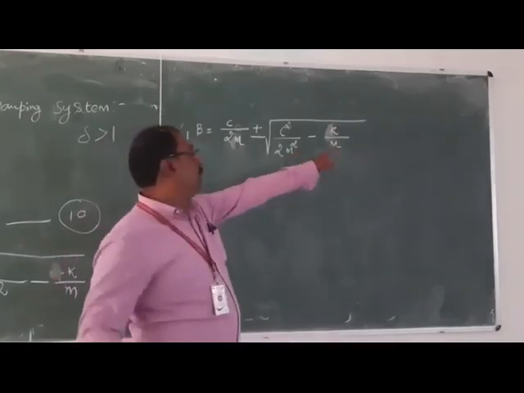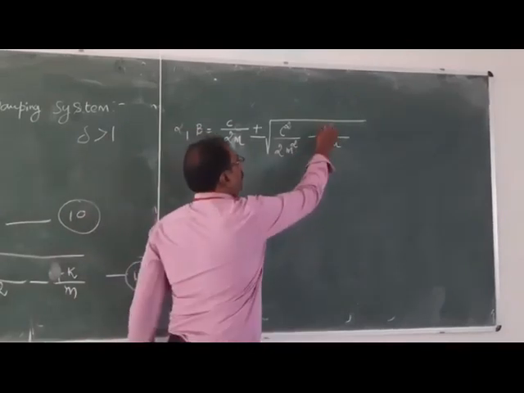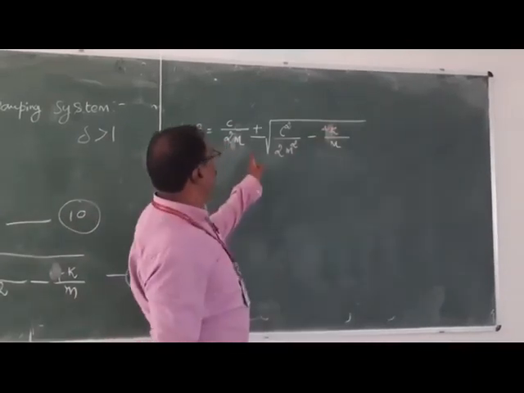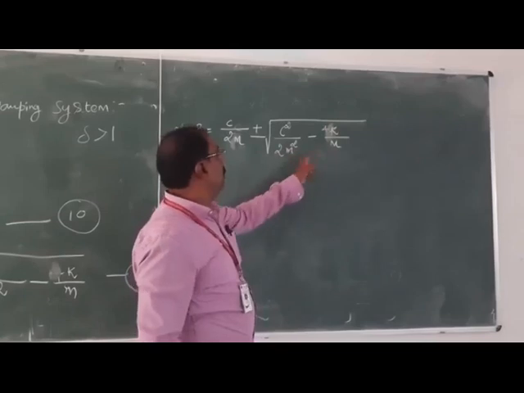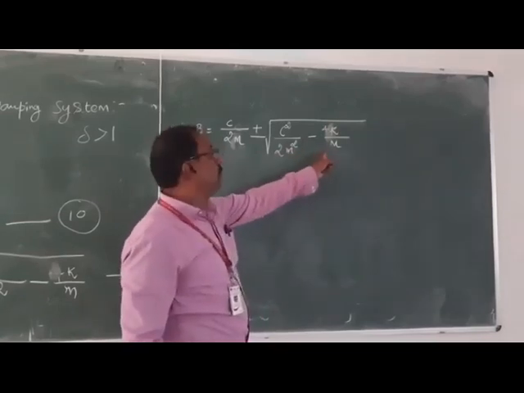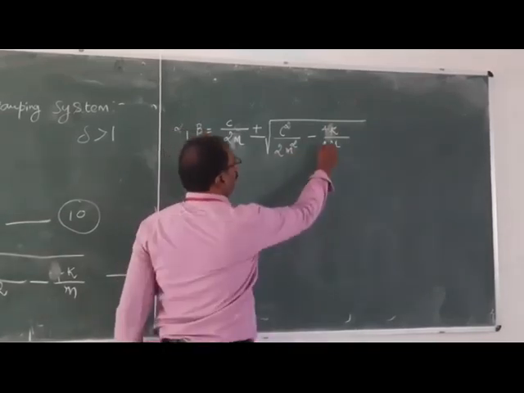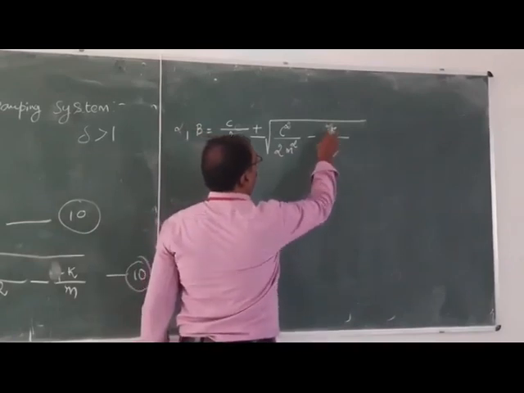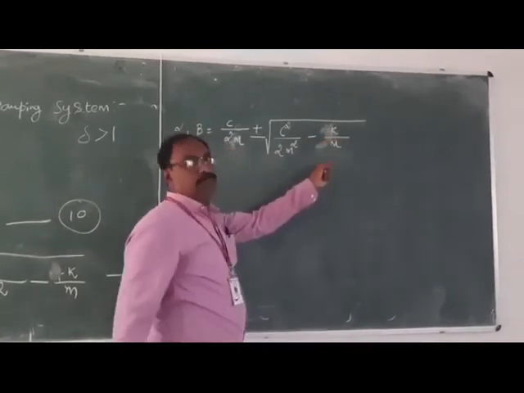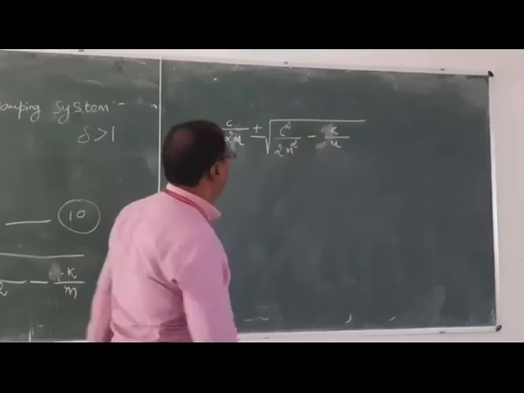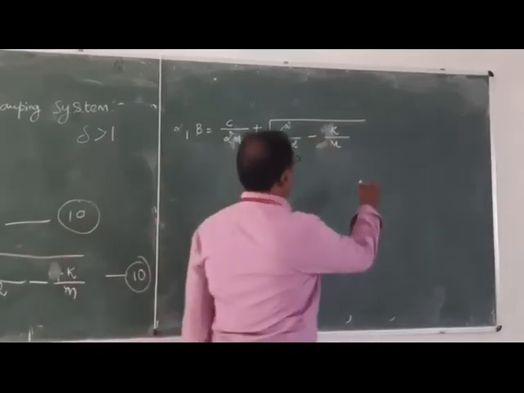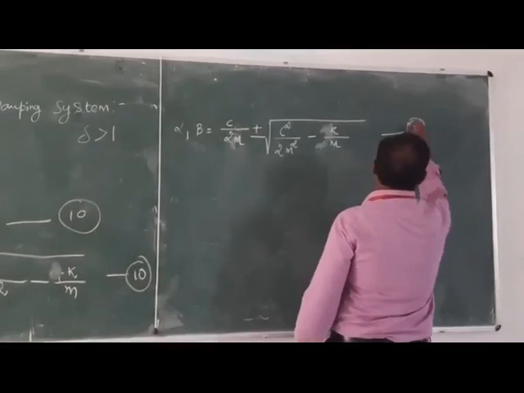Listen, what happened here: 4 is already there. If I am taking the common denominator, 4 will come. Again 4 minus 4 divided by 4 will cancel. So I write like this. This is equation 11.